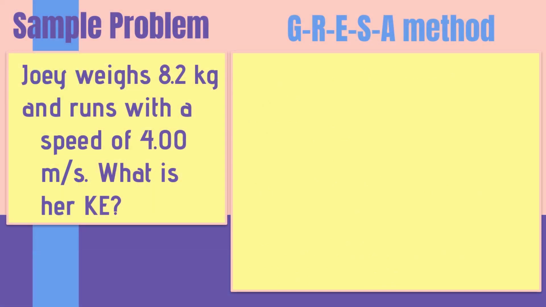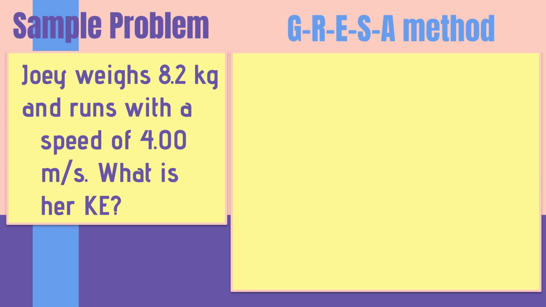So for you to easily understand the kinetic energy, here is another example problem. The problem states that Joey weighs 8.2 kilograms and runs with a speed of 4.0 meters per second. What is her kinetic energy?